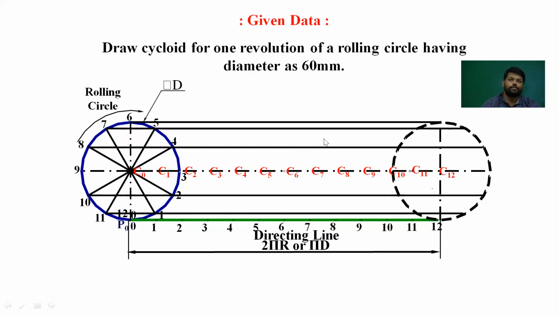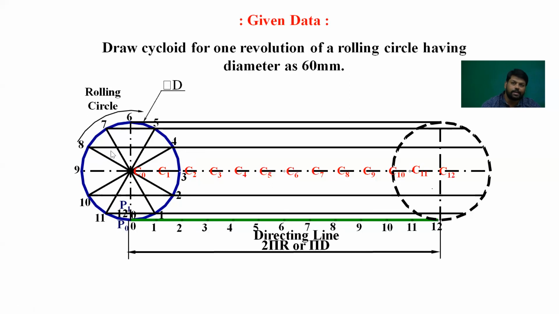After constructing all this, the next procedure is to take a compass and measure the radius of the circle, put C1 as center and cut the line passing through 1. Why? Because when the circle is rolling in the clockwise direction over the straight line, we are making this entire journey, that means one revolution, part by part.